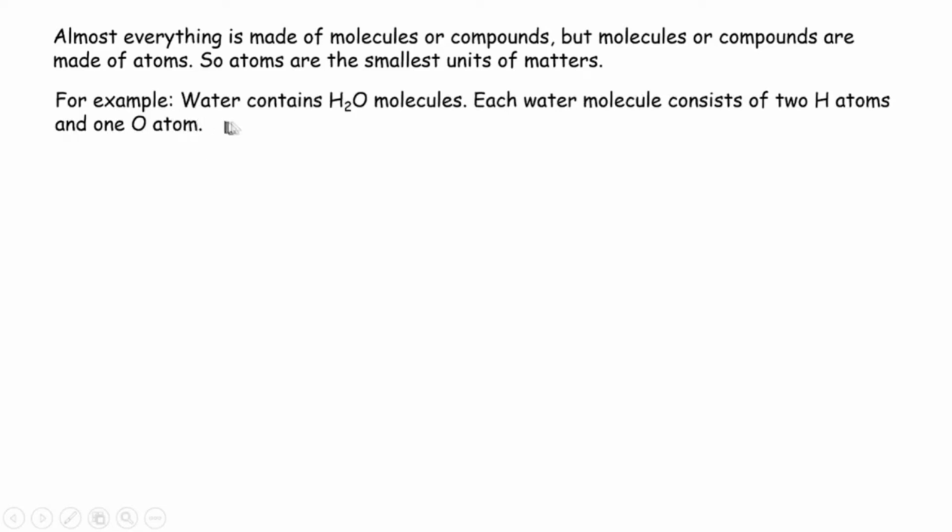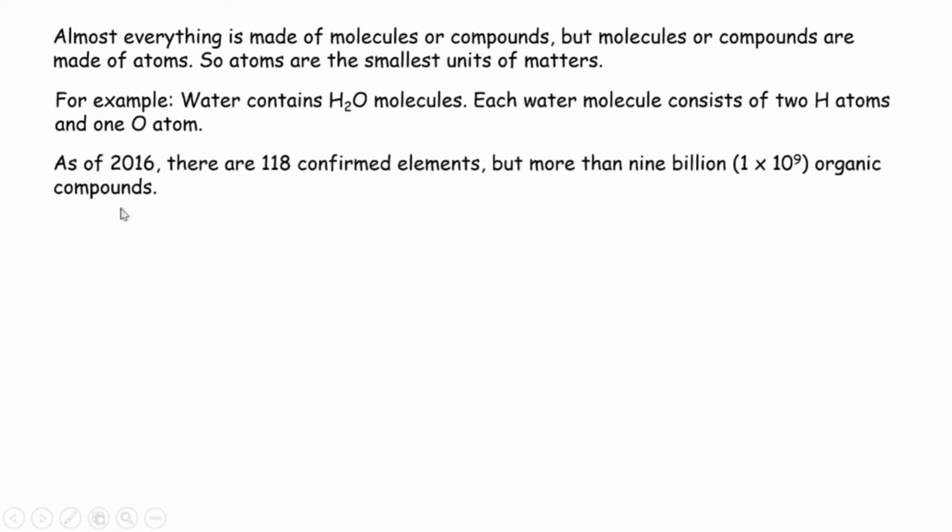Let's take an example. Water contains H2O molecules, water molecules. And each water molecule consists of 2 hydrogen atoms and 1 oxygen atom. A molecule is not the smallest unit of matter. Atoms are. As of 2016, there are 118 confirmed elements, but more than 9 billion organic compounds.